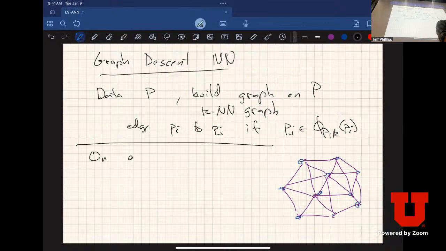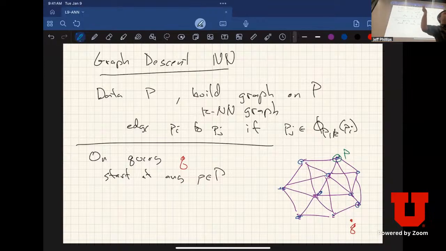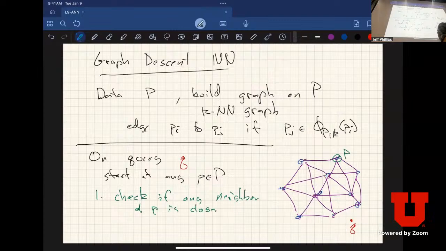On a query Q, start at any P. I have a query point Q here, but I'm going to start looking at this P here, some arbitrary P in the graph, and check if any neighbor of P is closer to Q. I'm going to look at these neighbors of P and see, is any one of these closer to Q?